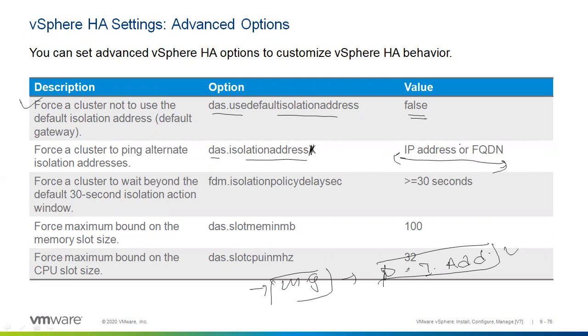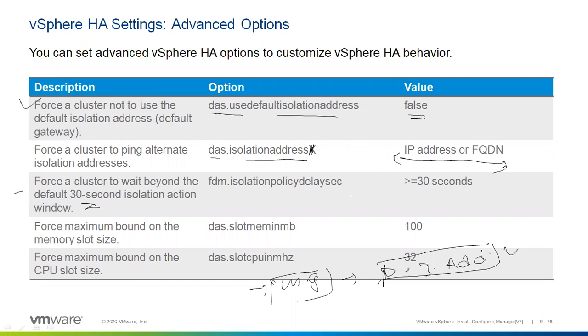But do we really need to do this? Answer is no. But we can add multiple isolation addresses in rare cases where we want that. Force a cluster to wait beyond the 30 seconds to take isolation action. By default isolation action is taken after 30 seconds. What is isolation action?